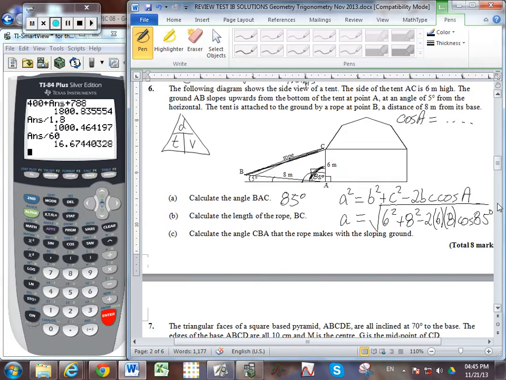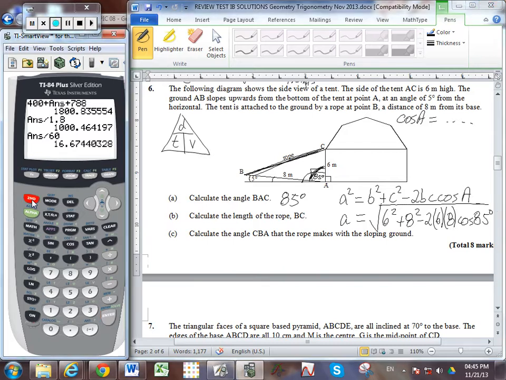And then I'll take the square root of all of that. So here we go, the square root of 6 squared plus 8 squared minus 2 times 6 times 8 times cosine of 85.